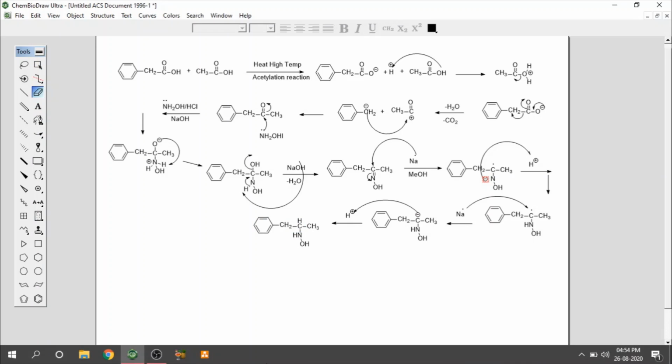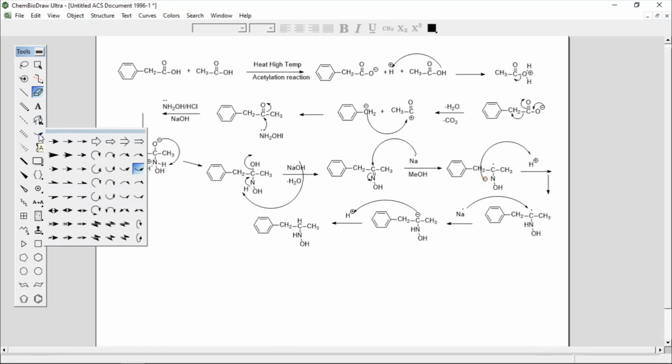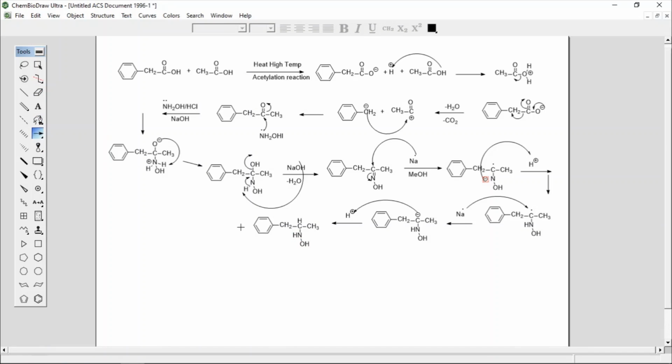Now the next step is simply the hydrolysis of this N-O bond. This N-O bond is a weak bond because there is a bond between two heteroatoms. So it can hydrolyze easily.